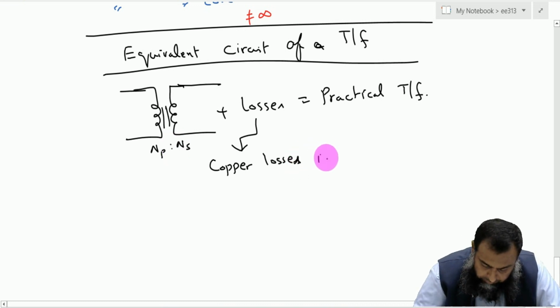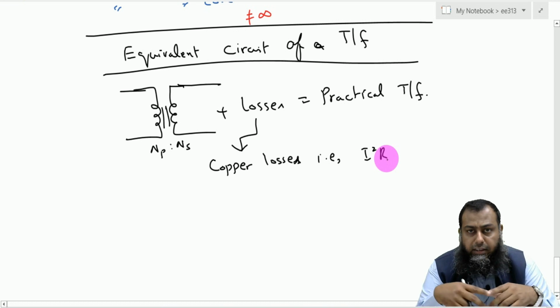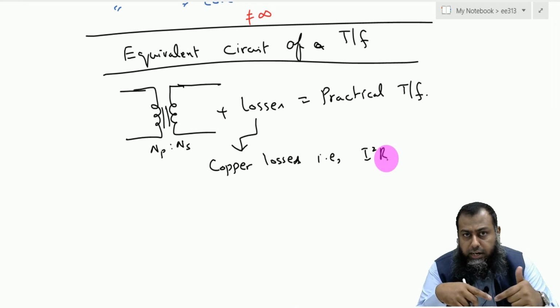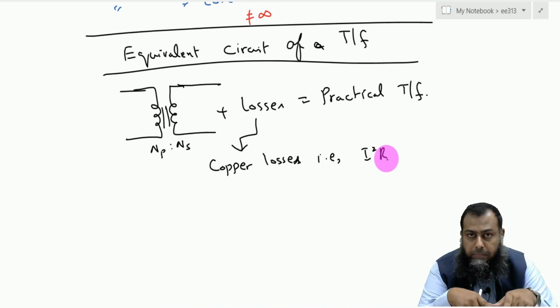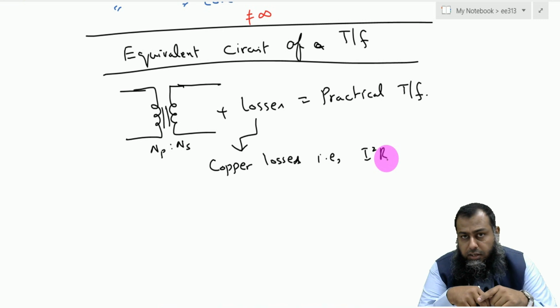That is, we want the I square R losses in the system. Now because we are winding turns on the primary side as well as the secondary side, and we are not using a superconductor, which is a lossless material, this can be incorporated by adding a resistance on the primary side as well as on the secondary side.